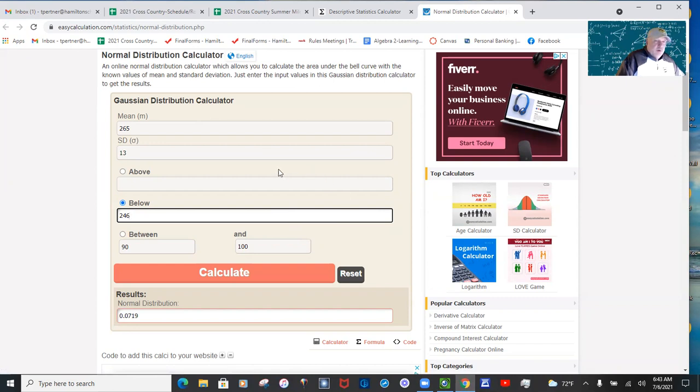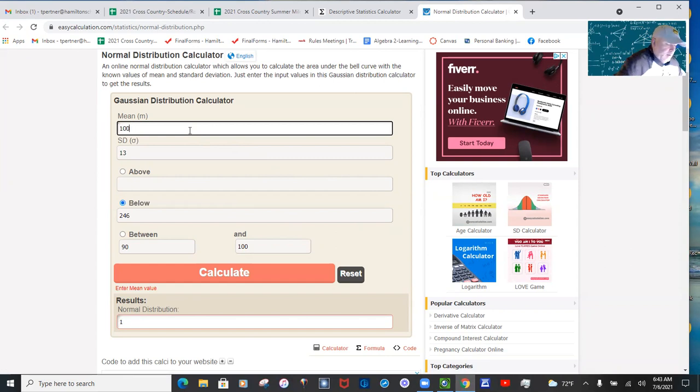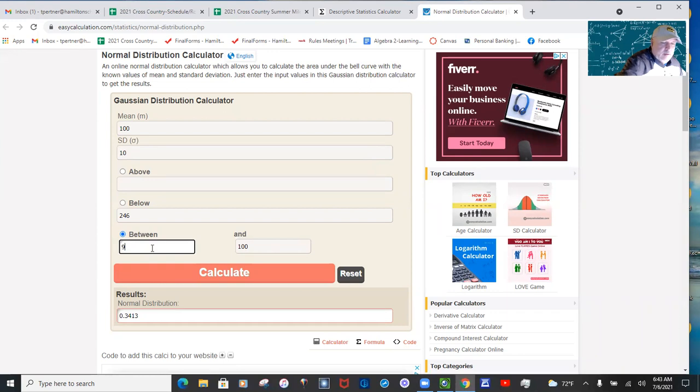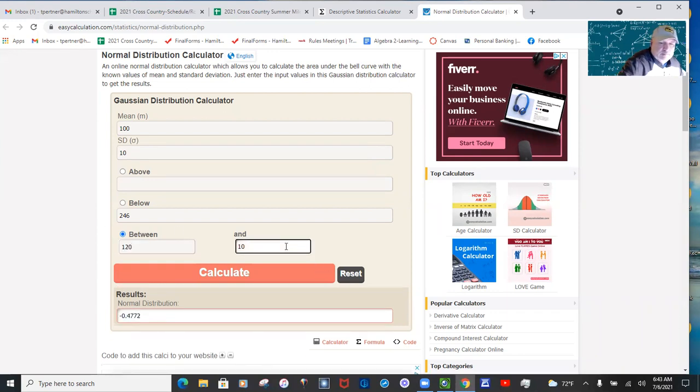I'll show this one more time. We have 100 as the mean, the standard deviation is 10, and we are between 120 and 130. And the answer will come right up.